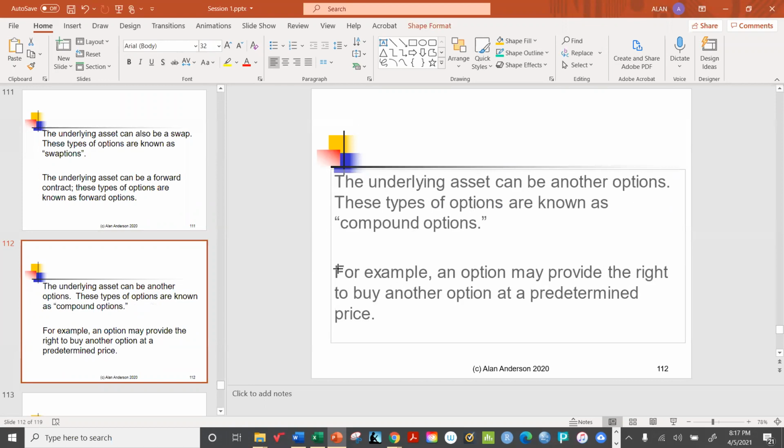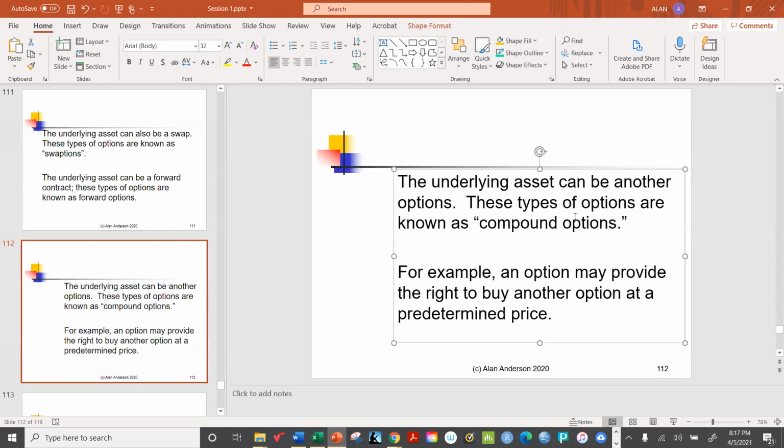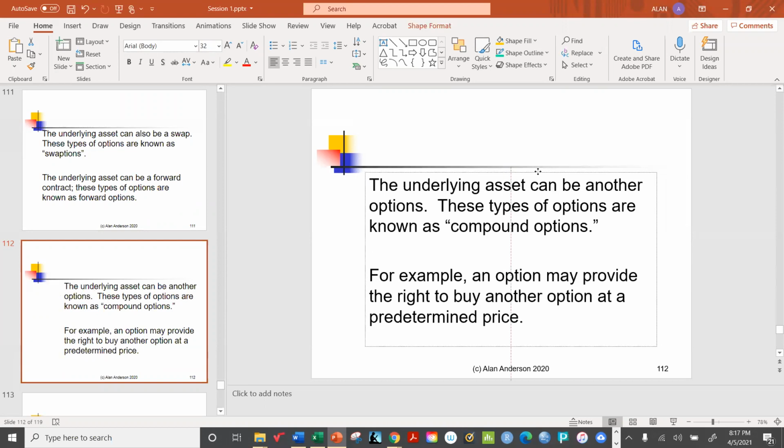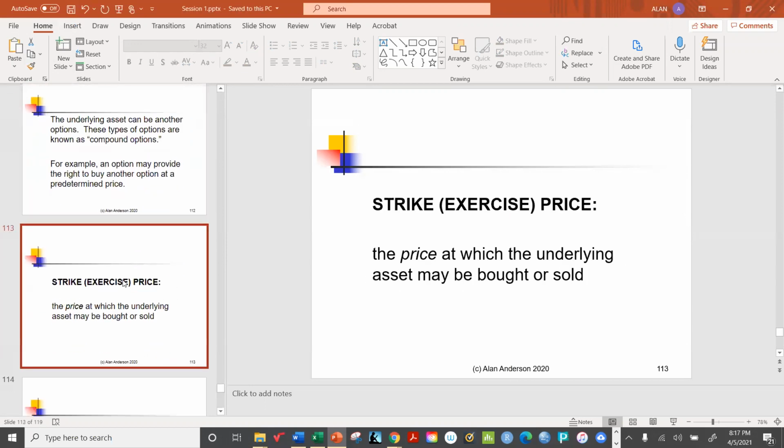In fact, this is how people like Nick Leeson have lost enormous sums of money, by not understanding the securities that they're actually trading. Okay. Anyway, the price at which you're allowed to buy or sell the asset is often referred to as either the strike price or the exercise price. I do not know the origin of these names, but this is what it's called.